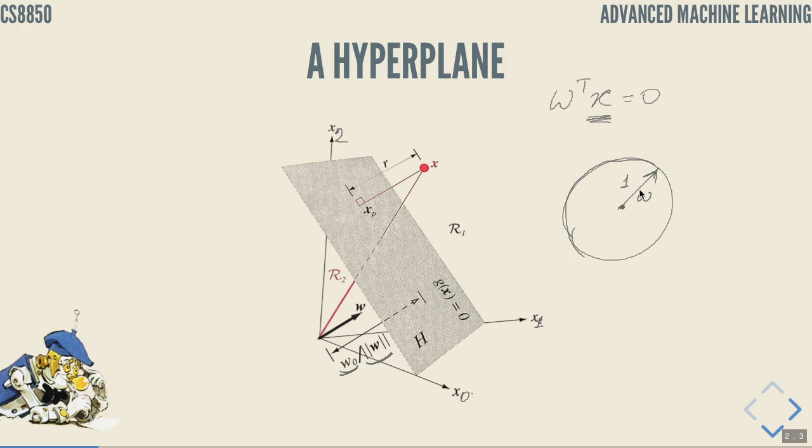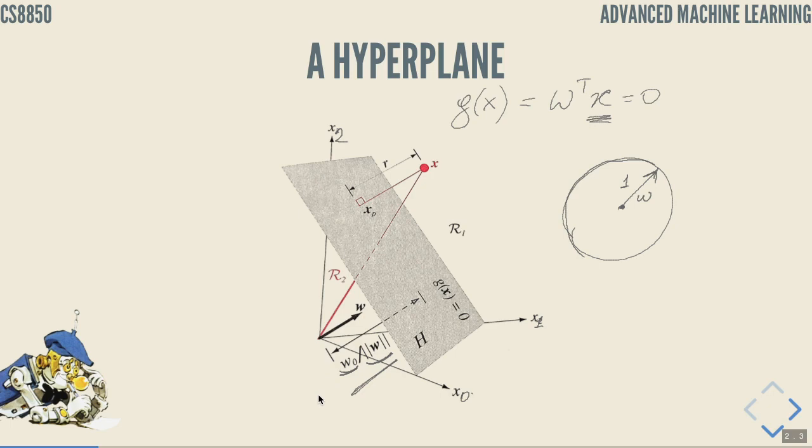But that adds additional complexities to the algorithm, so we won't do that in this lecture today. W could be anything, and then as an effect we do need to normalize to get our distance from the origin.